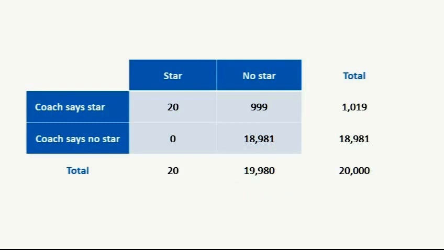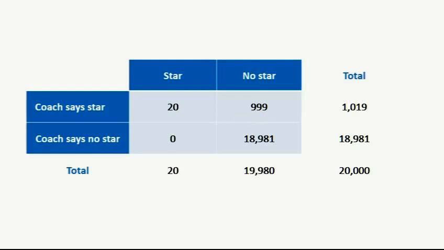But despite low error rates, we see that while the coach made 20 correct predictions when the child was a star, as many as he could have made, remember, he got them all right, he made many more incorrect predictions, 999, when the child was not a star.